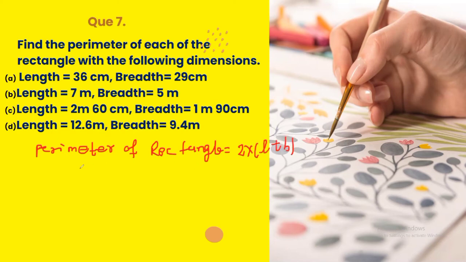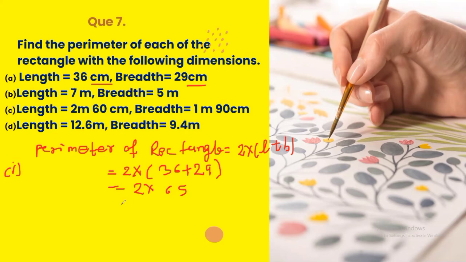Now this is a common formula. Just for the first one, use this one. Perimeter of rectangle will be 2 multiply length, how much? 36 centimeter and 29 centimeter. So right here, 36 plus 29. First we add, then we multiply. 9 and 6 is 15, 1 carry, 3 and 2 is 5, 5 and 1 is 6.